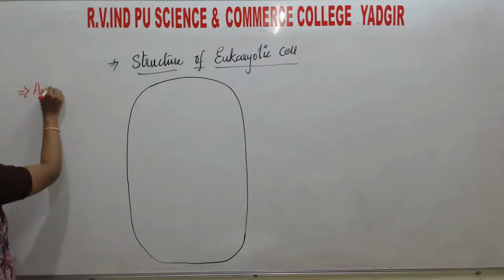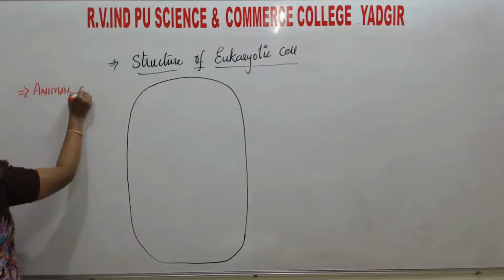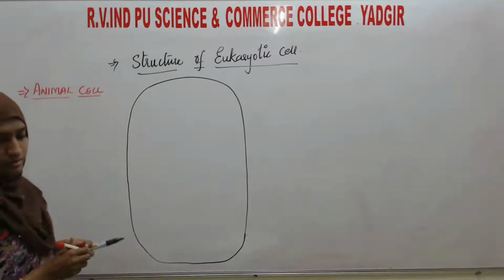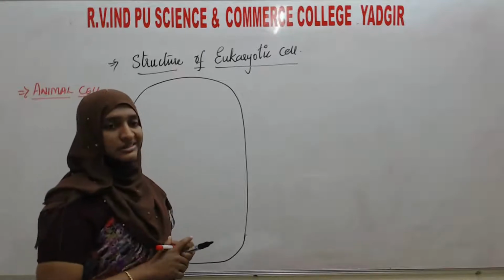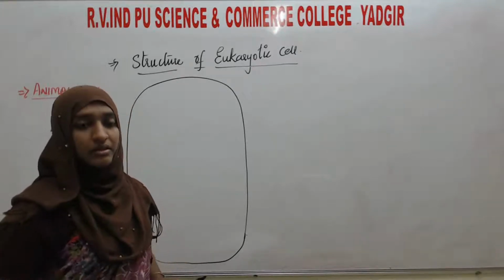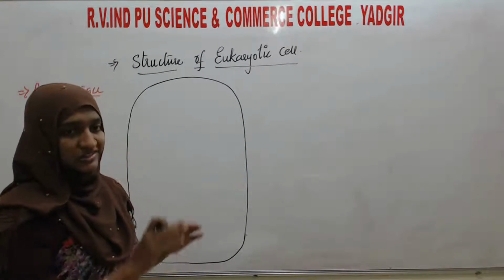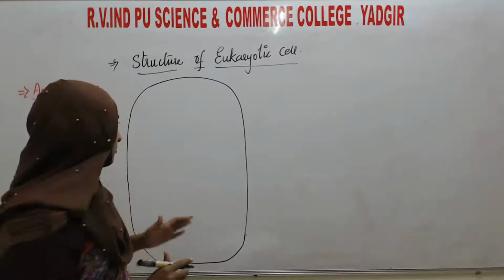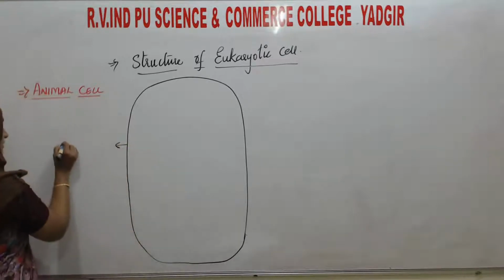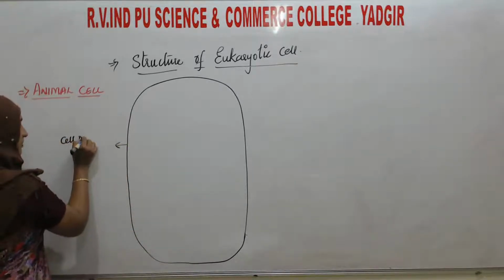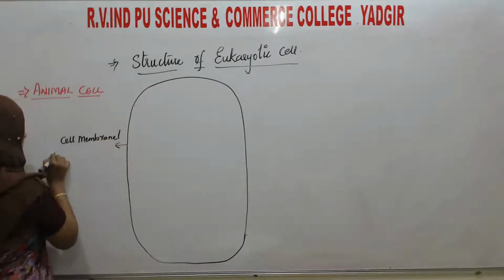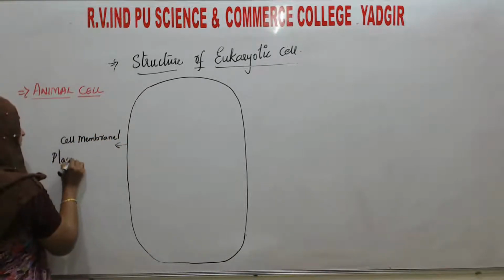First, this is the plasma membrane, which is enveloping the cell. We can call it the cell membrane or plasma membrane.